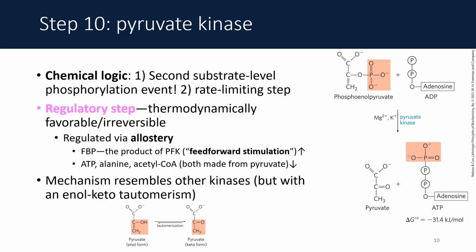Congratulations, you've made it to the final step of the payoff phase, the final step of glycolysis, and that's enzyme number 10, pyruvate kinase. Its job is to transfer the phosphate group, the last phosphate group, from phosphoenol pyruvate onto an ADP molecule, yielding us pyruvate and molecule of the hour, ATP.